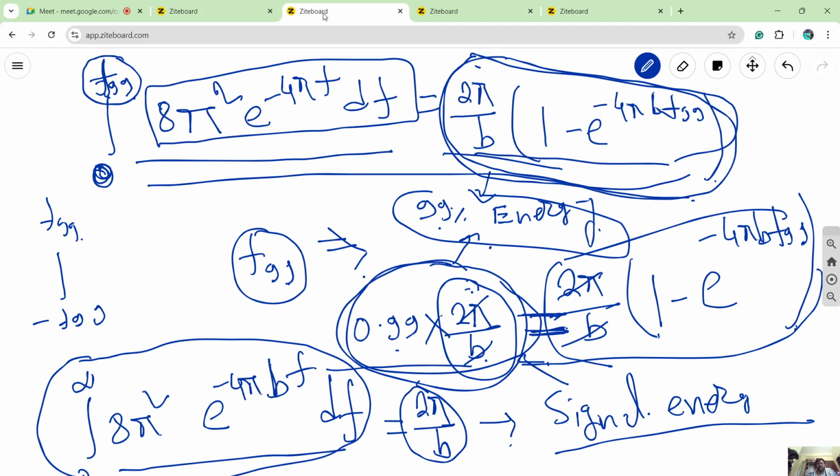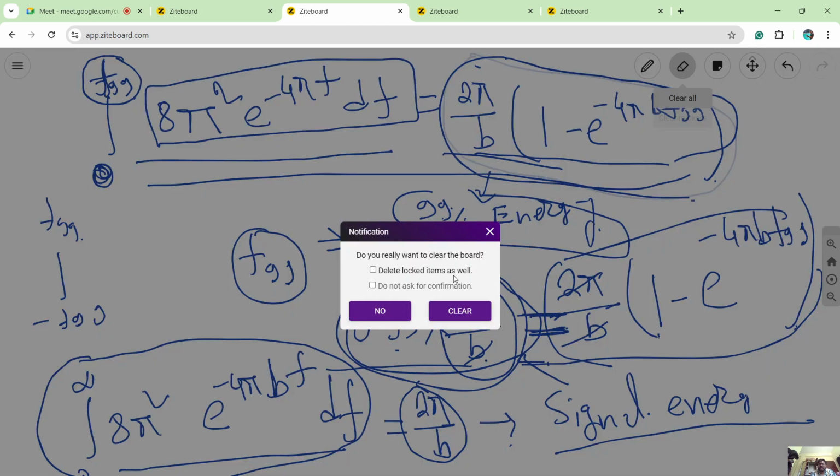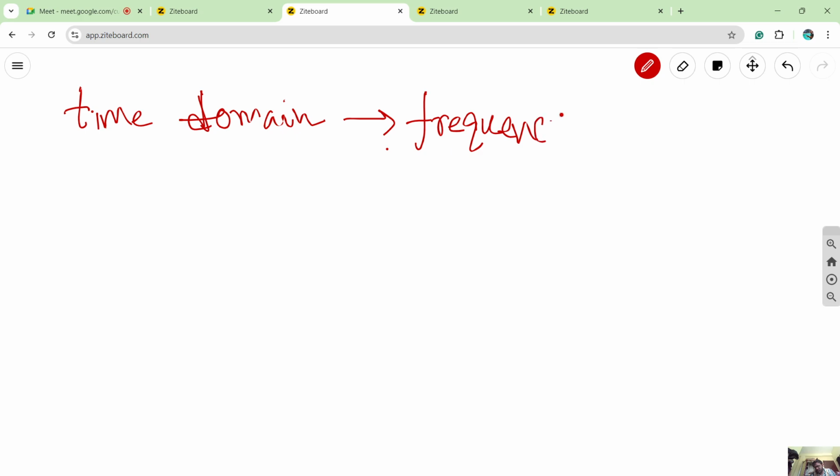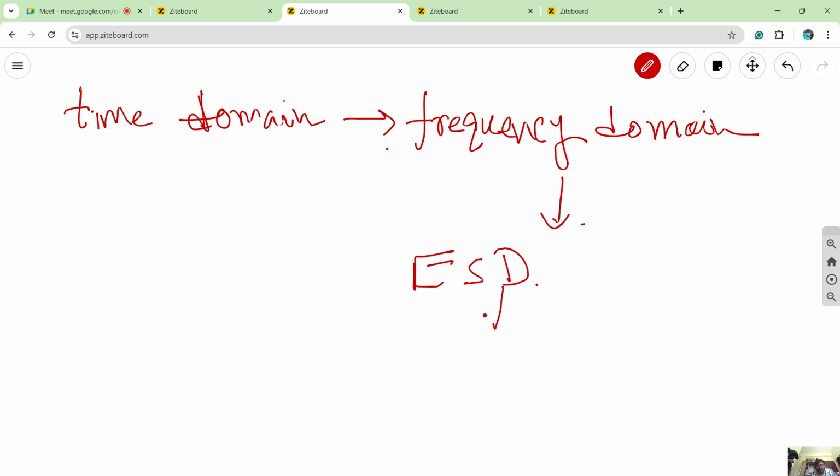So again, we have to take a time domain signal, then convert it into frequency domain, then calculate the ESD, and then check the characteristics of the ESD where it is 0.